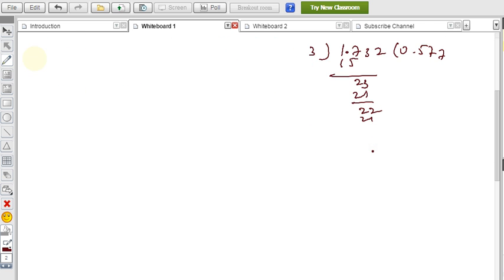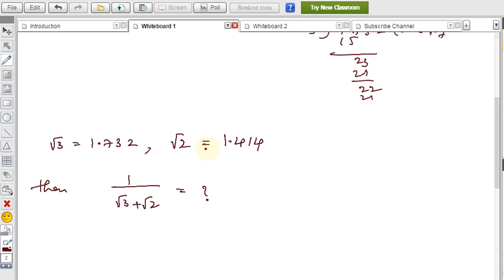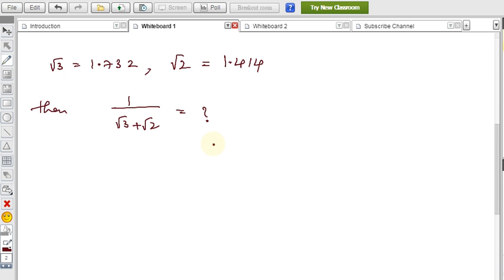Okay, a similar sum, one more. If the values of root 3 and root 2 are given, for example root 3 is 1.732 and root 2 is 1.414, then 1 by root 3 plus root 2 is equal to what? For the given question, we can adjust 1 by root 3 plus root 2.